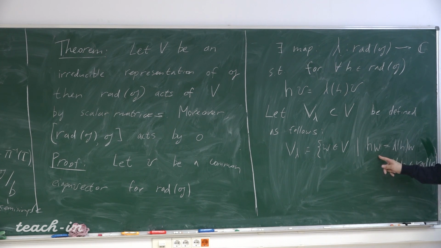These are all the common eigenvectors for the radical with eigenvalue lambda.